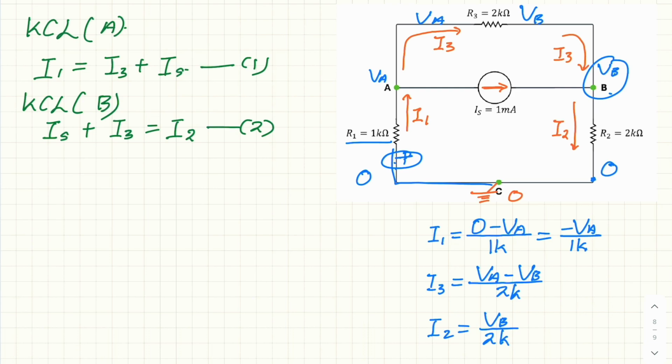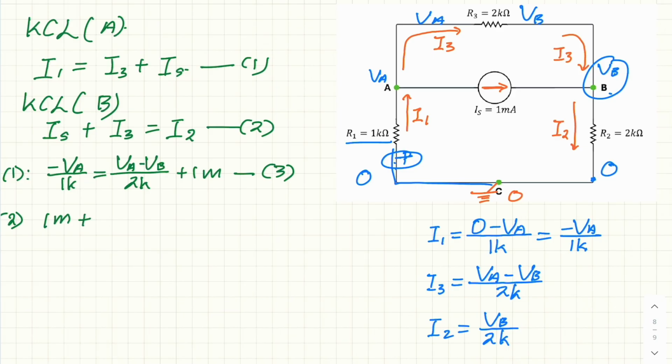Once we write down the current in terms of V over R, now we put this back into the KCL equations. So from 1, it will become I1, minus VA over 1K, equal to I3, VA minus VB over 2K, plus IS. IS is 1M. 3 from 2, it becomes IS, 1M, plus I3.